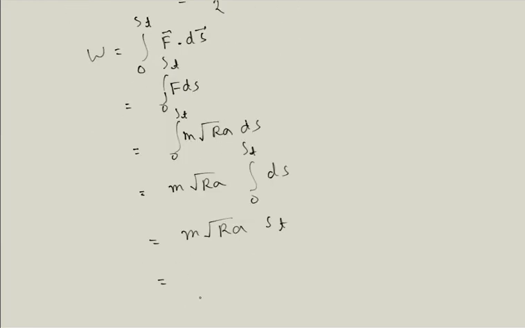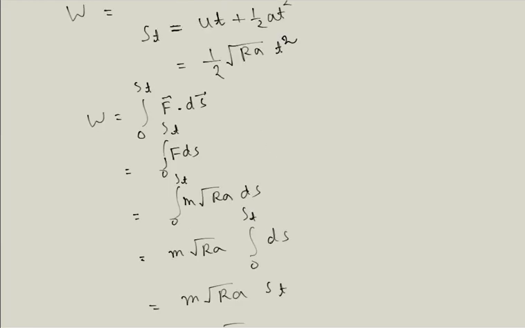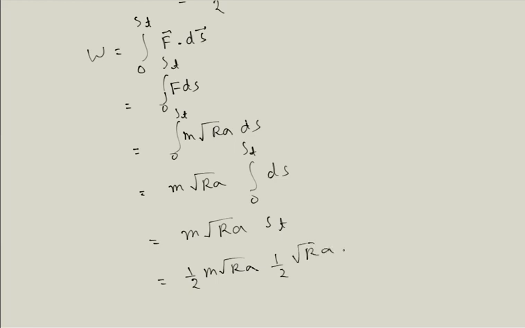From here, s of t is r a t squared. Sorry, the half was not there. It will become m r a squared t squared divided by 2.